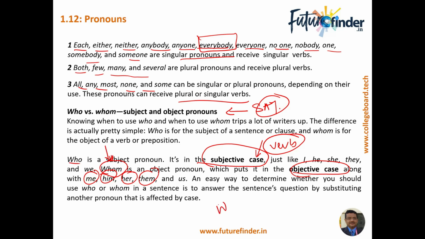So who did this work? Who did this work, right? And this work was done by whom? Like the examples that we have taken, right? That I did this work and this work was done by me. So me is accusative case, whom is similar accusative case, who is the subjective case, and I is the subjective case, right?